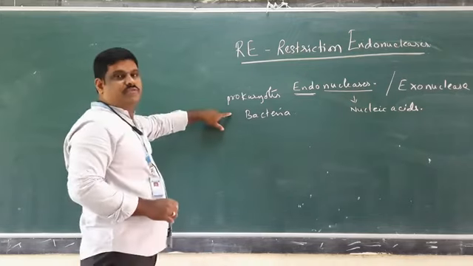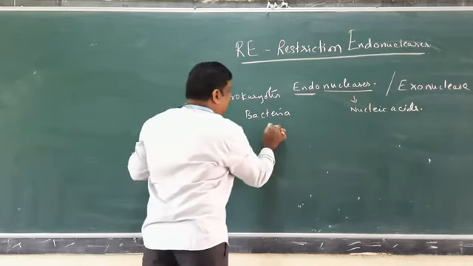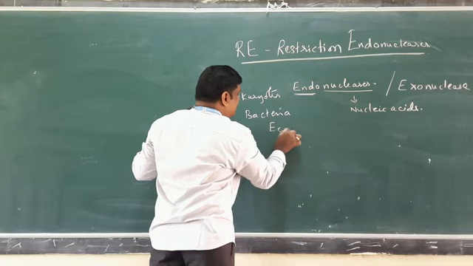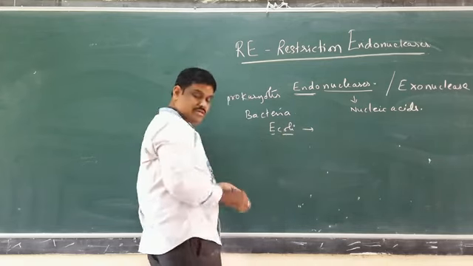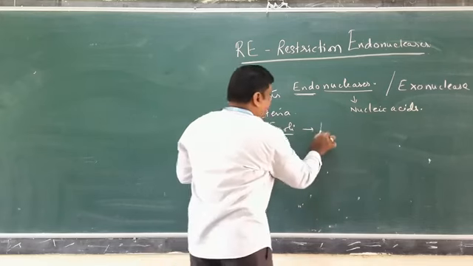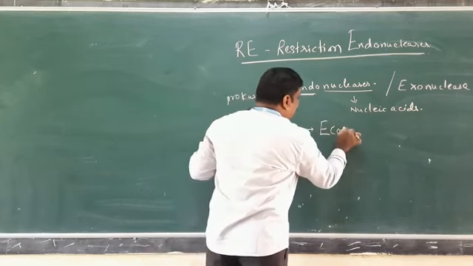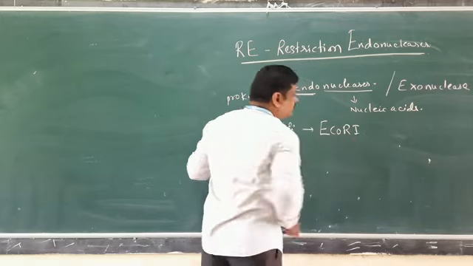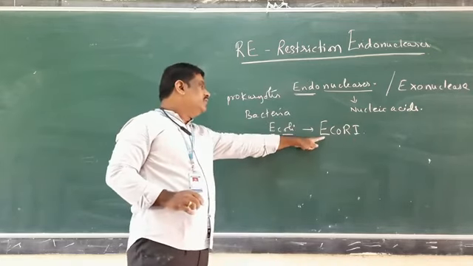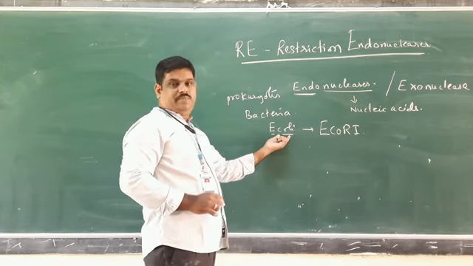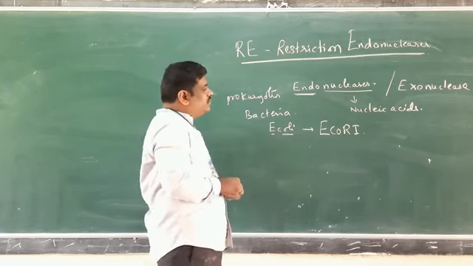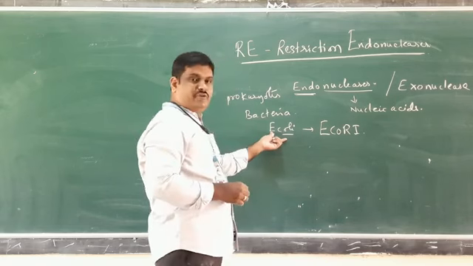For example, the restriction endonuclease extracted from E. coli, Escherichia coli, is EcoRI.